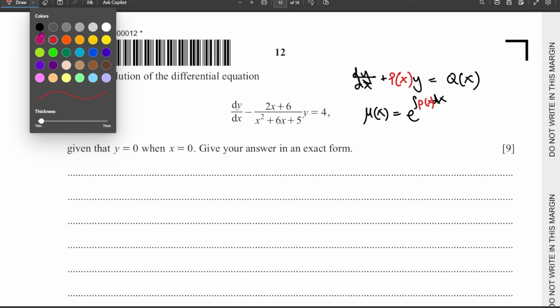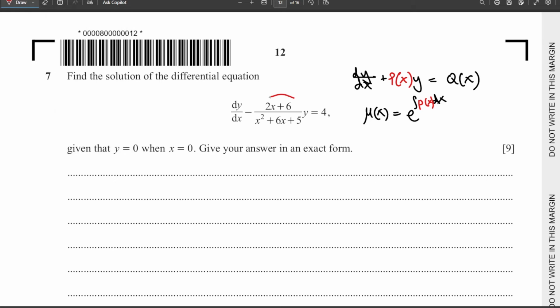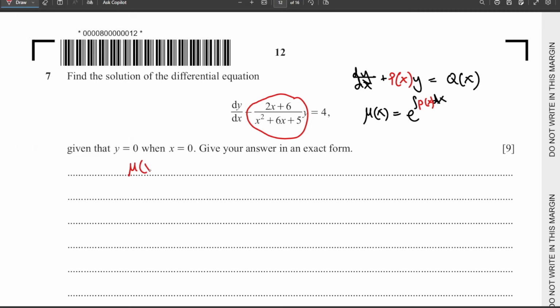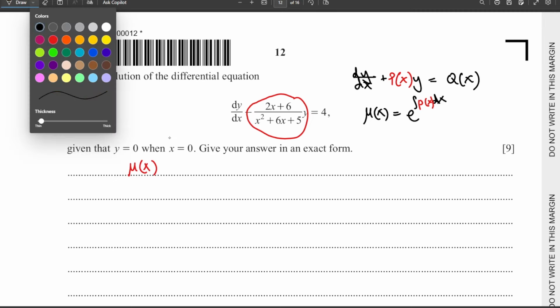In this case, p(x) is this entire fraction here. Let me just finish proving this first. To solve this form of differential equation, we multiply the entire differential equation by the integrating factor on both sides.